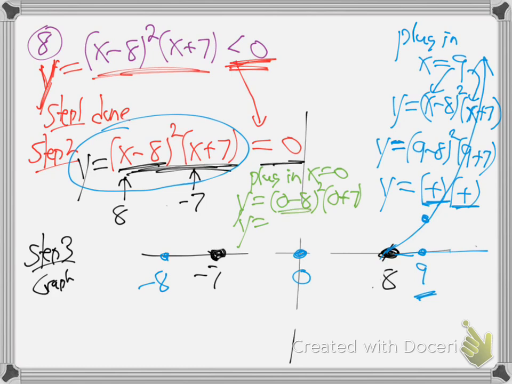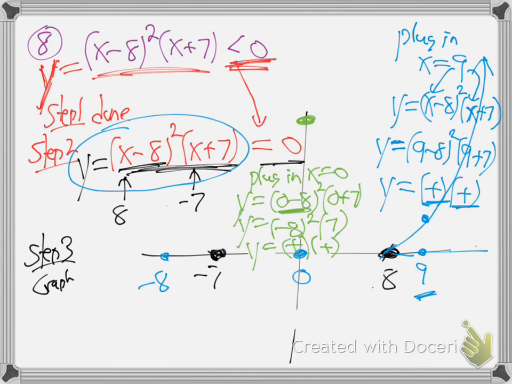So 0 minus 8 is minus 8, but it's squared. Right? So minus 8 squared is positive. Positive times positive. It's positive. At 0, I'm getting some positive number.